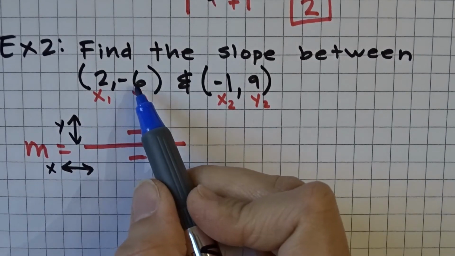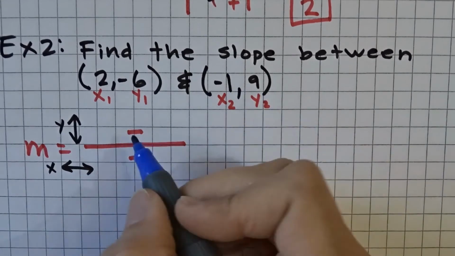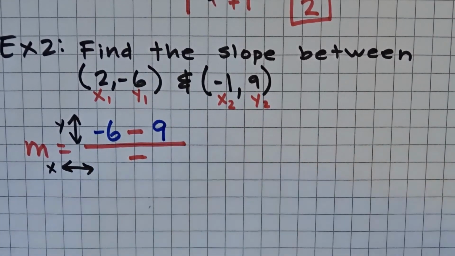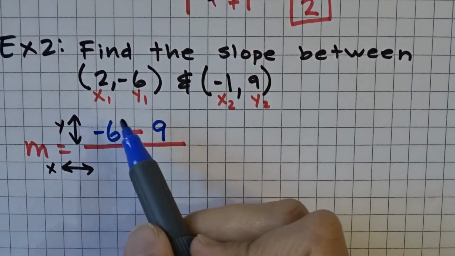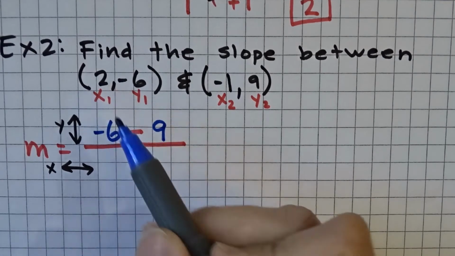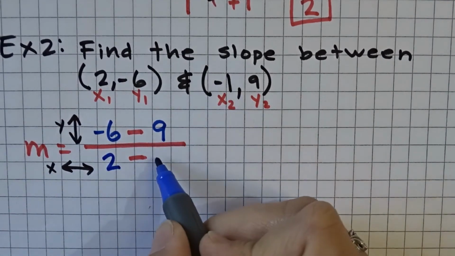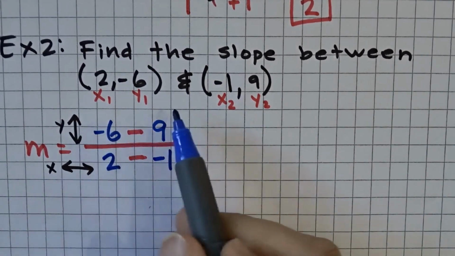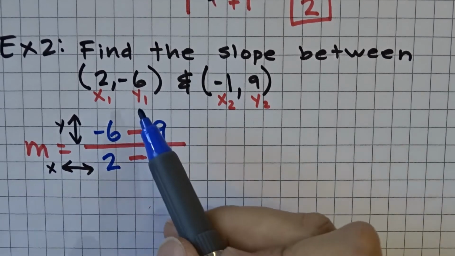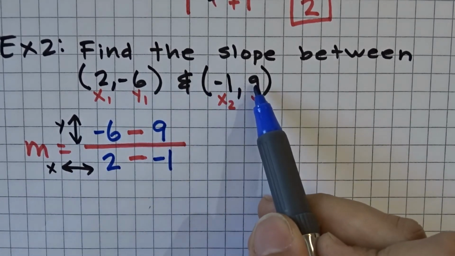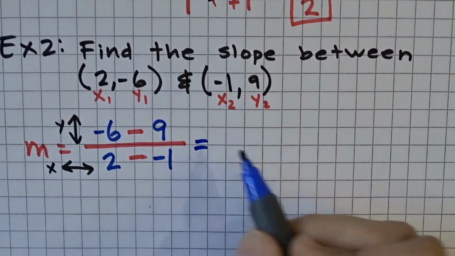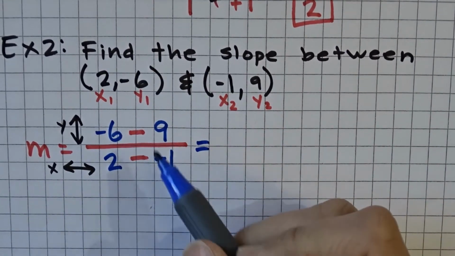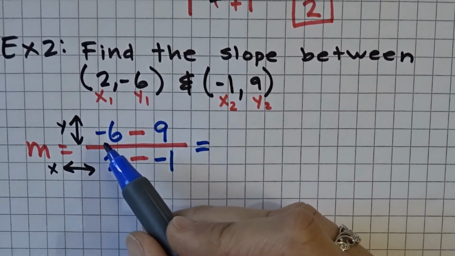So -6, I'll start with my first point, and 9. And then in the denominator, I'm putting my x coordinates. I need to know the horizontal distance between the points. So that's 2, again, starting on your first point, and -1. It's important to label which one's your first point because you don't want to go first point, second point, and then go second point back to the first point. Got to be consistent. So if you start on this first point, always start on that first point.